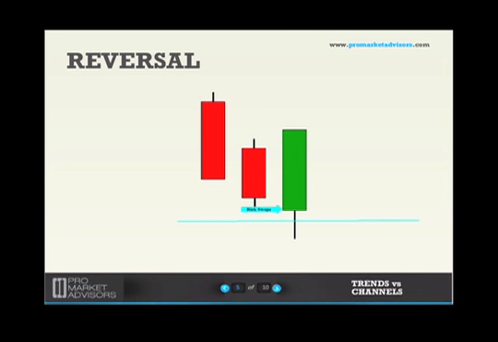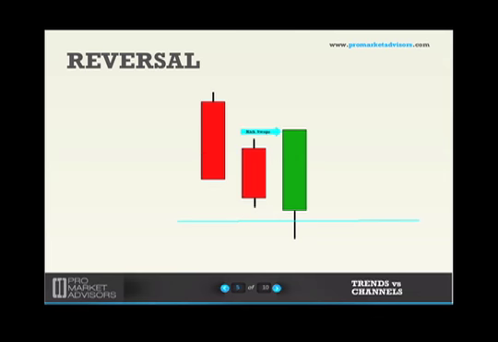Now, at some point, it then moves higher, and the second part that creates the engulfing is that the close is higher than the top of the previous candle. So basically, this green candle completely engulfs this red candle.